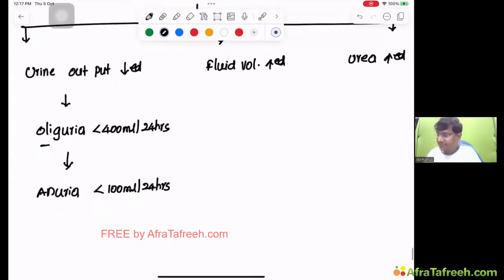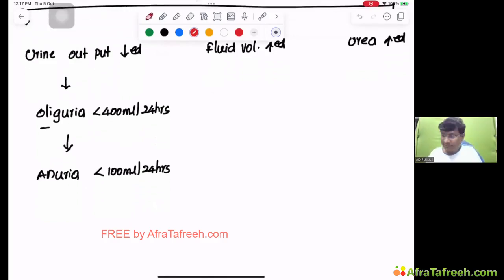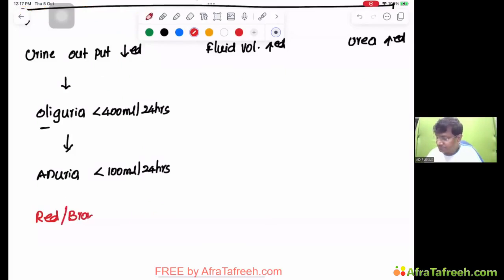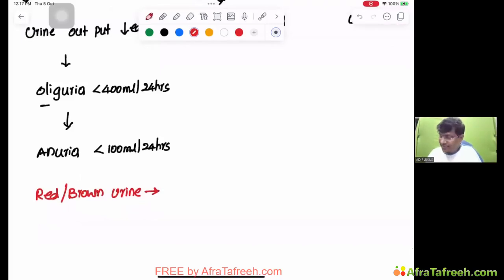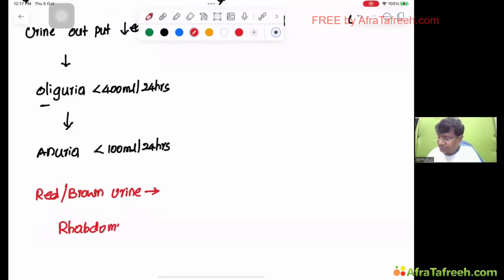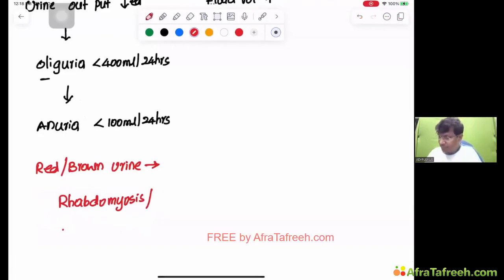Okay. Then in the urine abnormalities, you should also know where you have red color urine in cases of acute kidney injury. That is nothing but pigment nephropathy, and you get red or brown urine in rhabdomyolysis, that is where there is crush injury, or hemolysis.